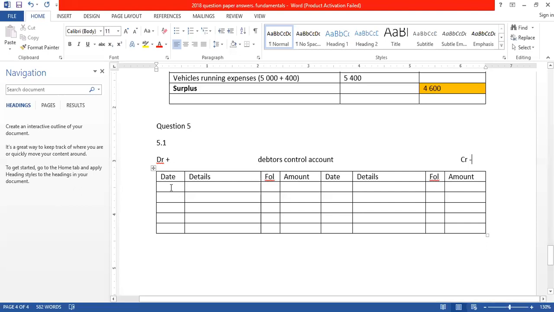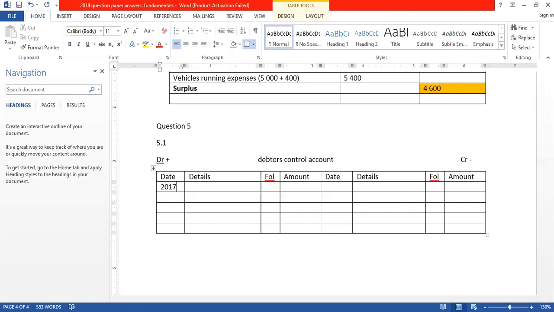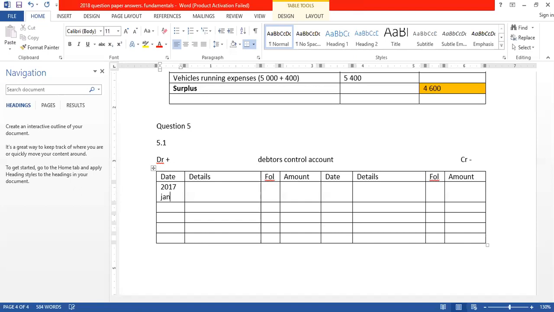So you record the date, in this case 2017 January. We said it is the opening balance, and opening balance is always on the first day of the financial period. Our financial period ends in December, meaning that the first day of our financial period is January the 1st.